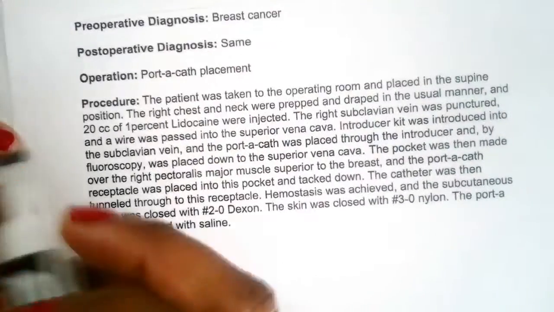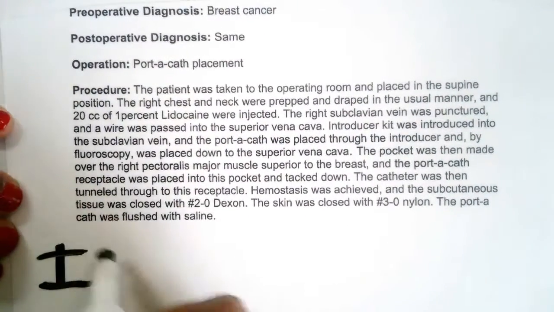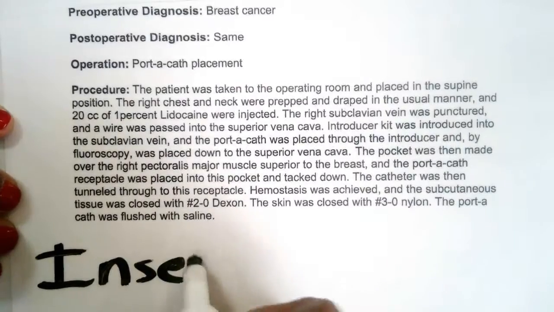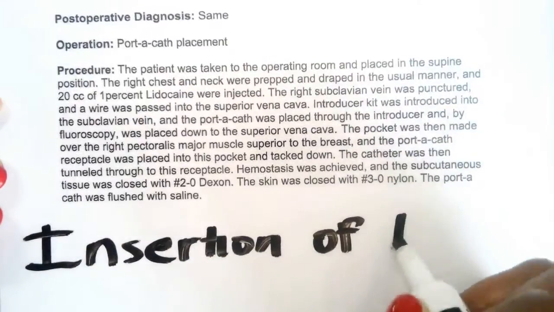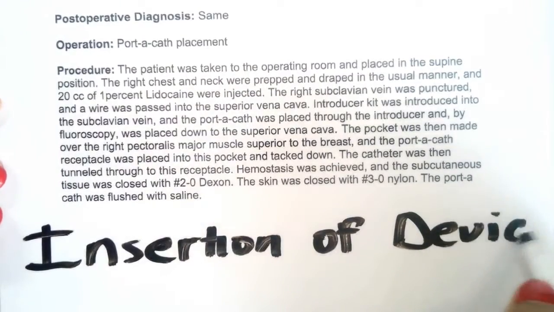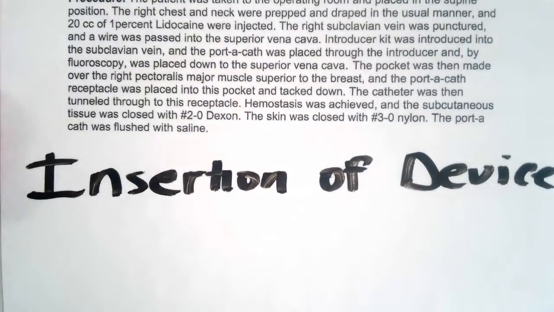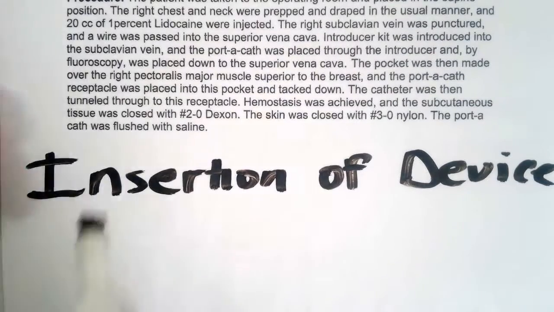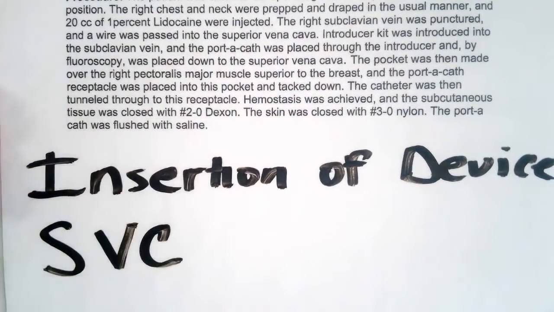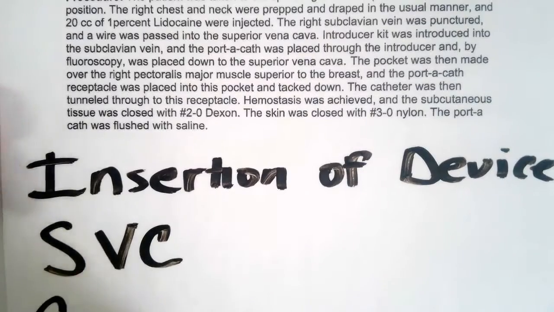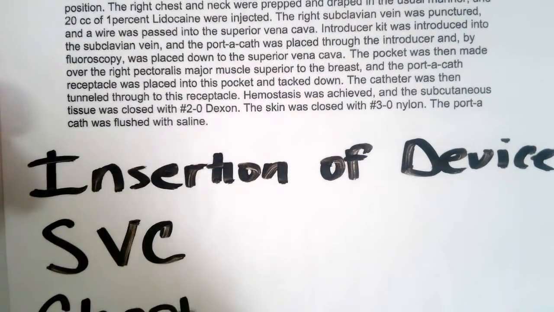So my root operation today is insertion of a device, and then my body part areas. So remember, I'm going to abbreviate. We had the superior vena cava, right? And then we also had the chest.